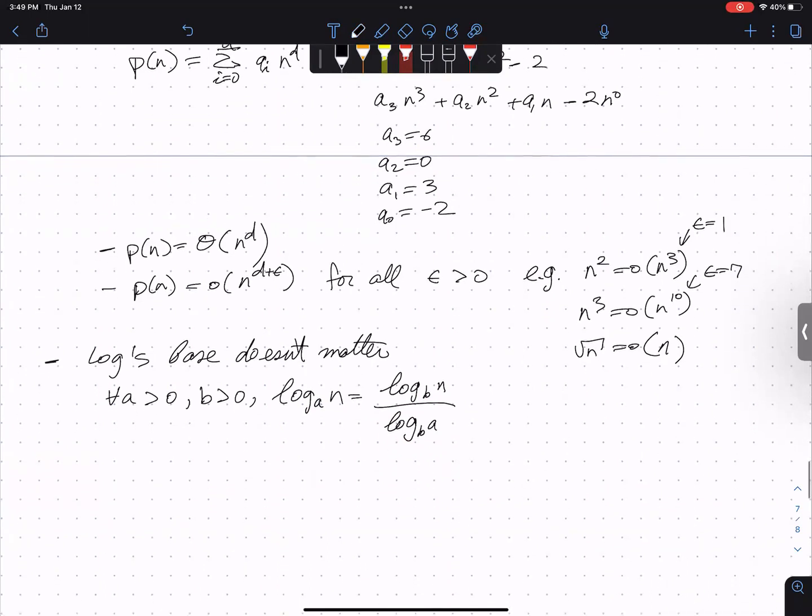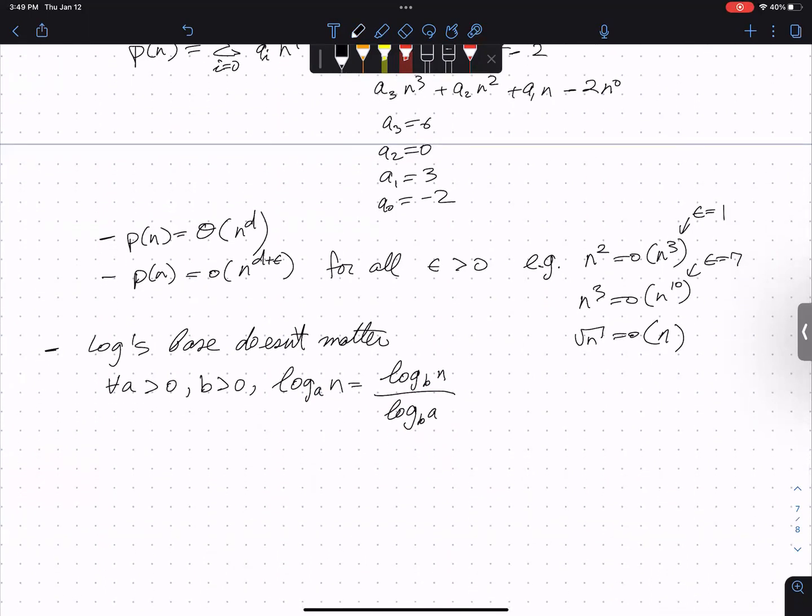So we're scaling, for example, log base 8 of n equals log base 2 of n divided by log base 2 of 8, which is log base 2 of n divided by 3. Just scaling by a constant.